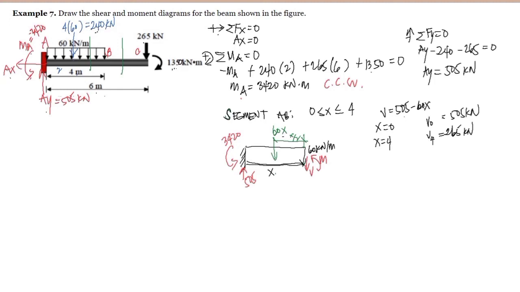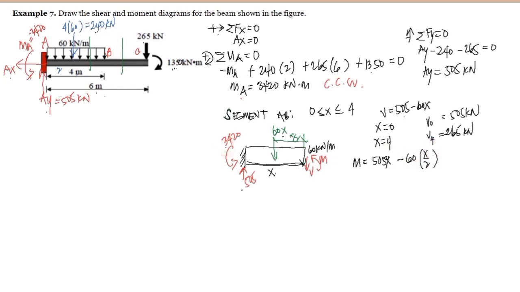So for the moment, we have here 505 times x, and this 60 here will create counterclockwise, so that is negative 60 multiplied by the distance of x over 2.